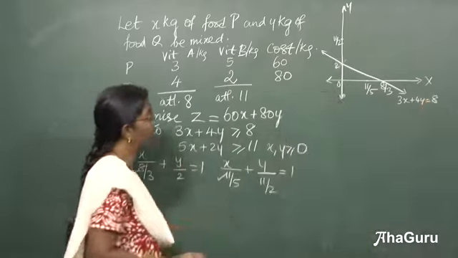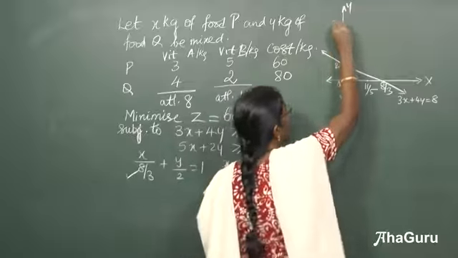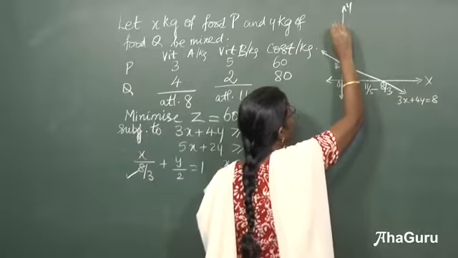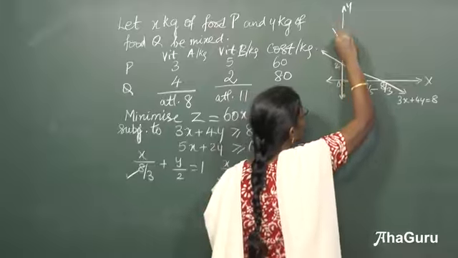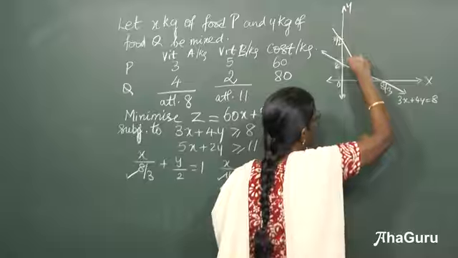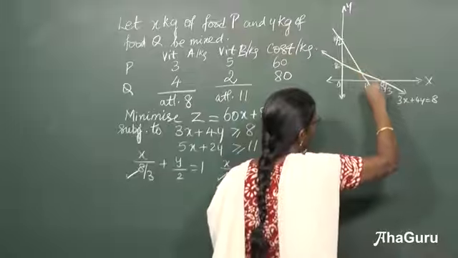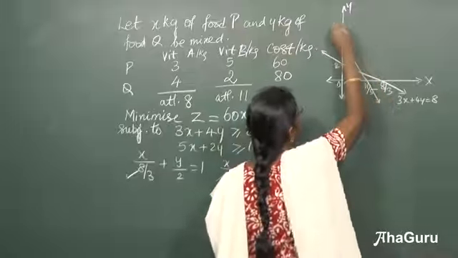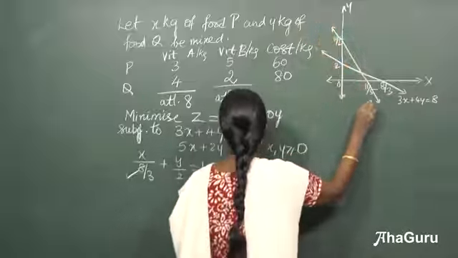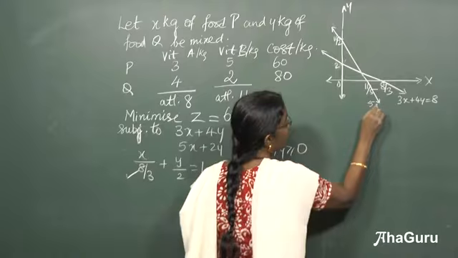Next one, 11 by 5 and 11 by 2. When you do it on the graph sheet, take a proper scale and do it. So this is the line for 5x plus 2y equal to 11.